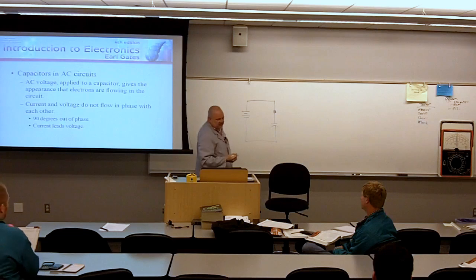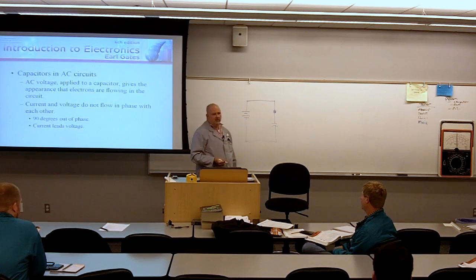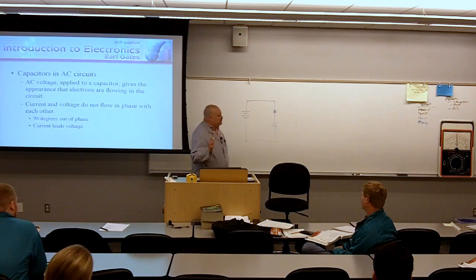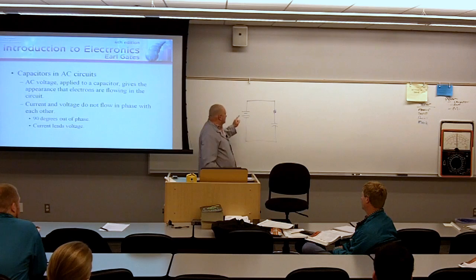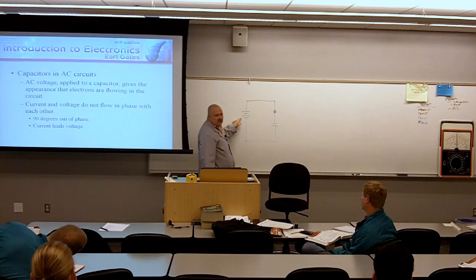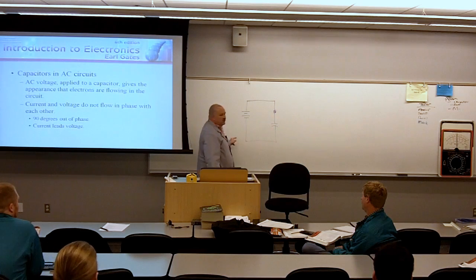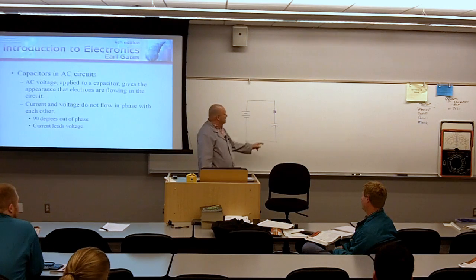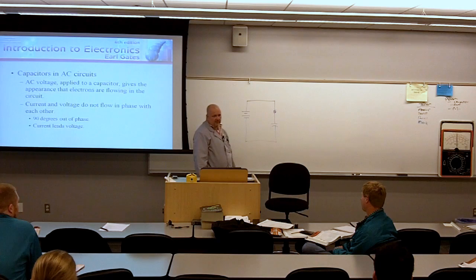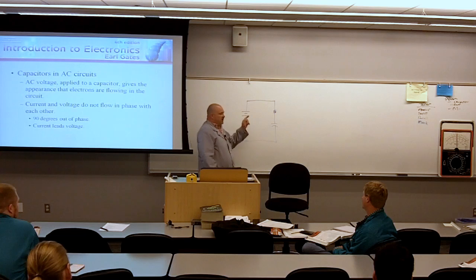What kind of a circuit is this? The way you should always start off is with the power source. This is a DC series RC circuit, right? A DC series RC circuit.